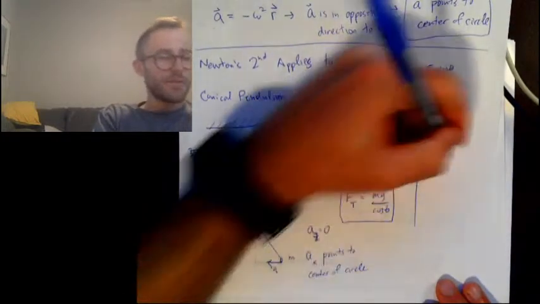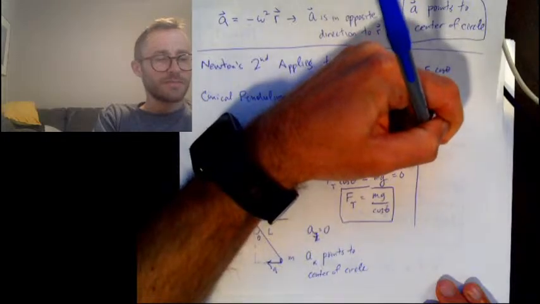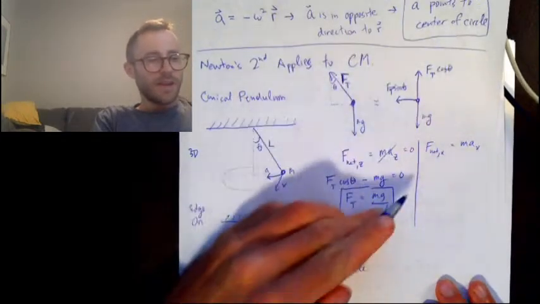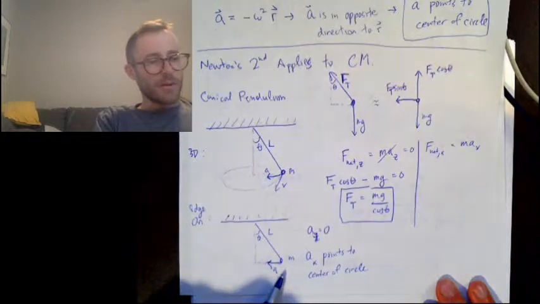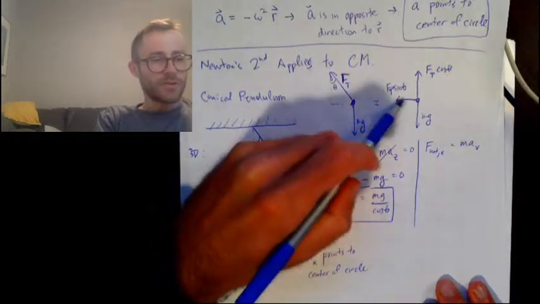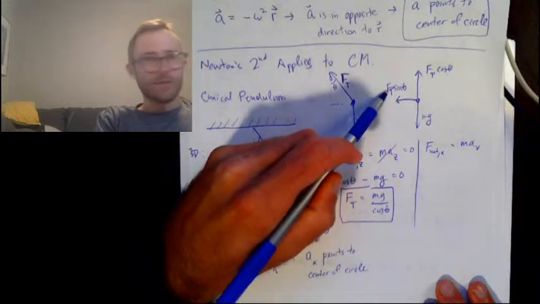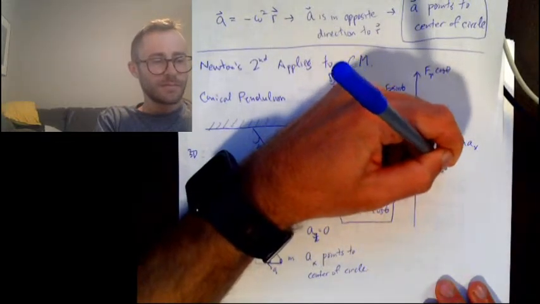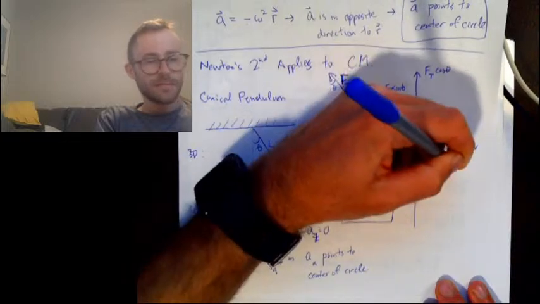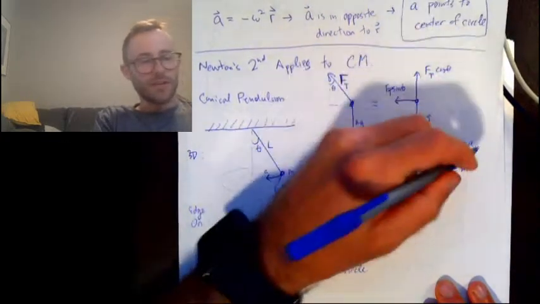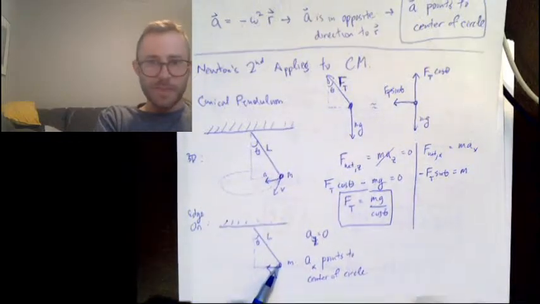Now let's do the net force in the x direction. In the x direction, we have a leftward force of size F sub t sine of theta, and that equals m times the x component of the acceleration.